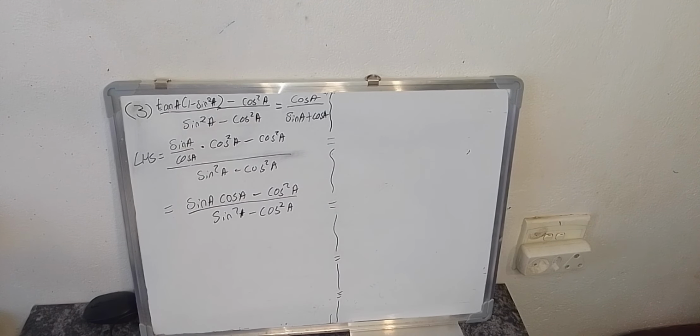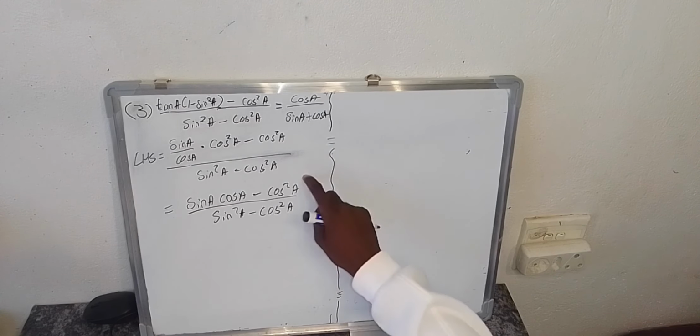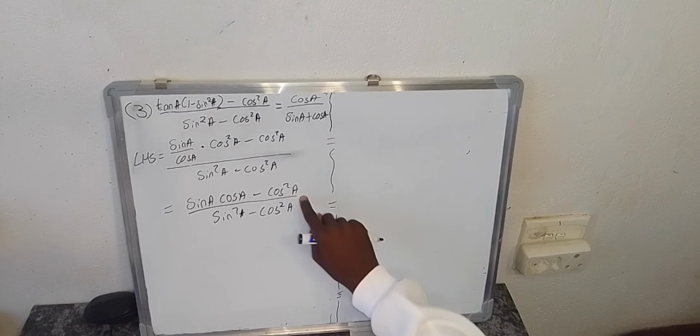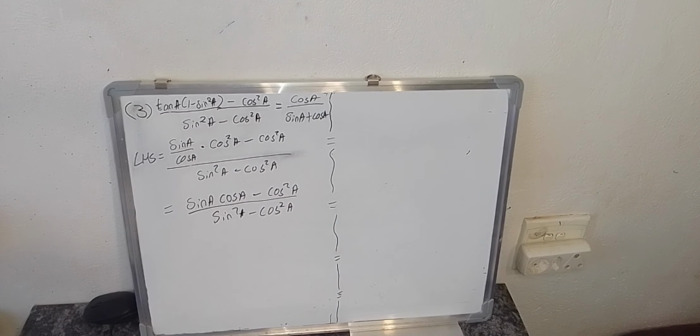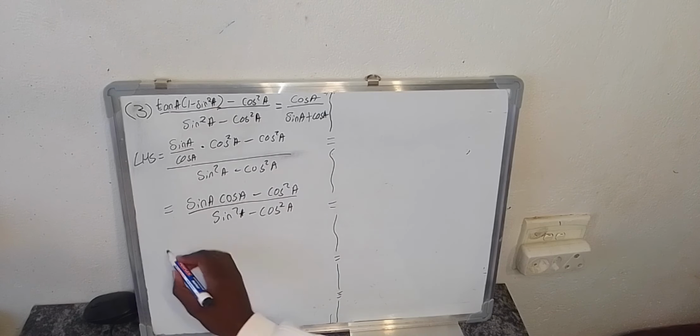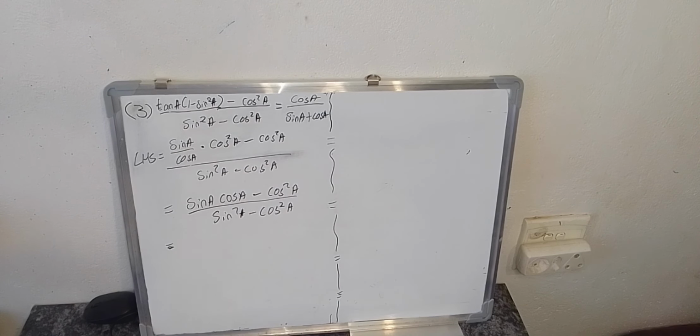So now how are we going to get here from here? So now one can know that we can factorize the numerator side, even the denominator side. So in other words, we are going to factorize the whole fraction. So at the denominator side, we can take out the common factor of cos a.